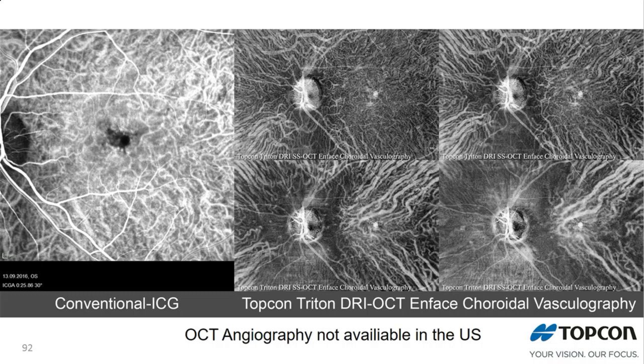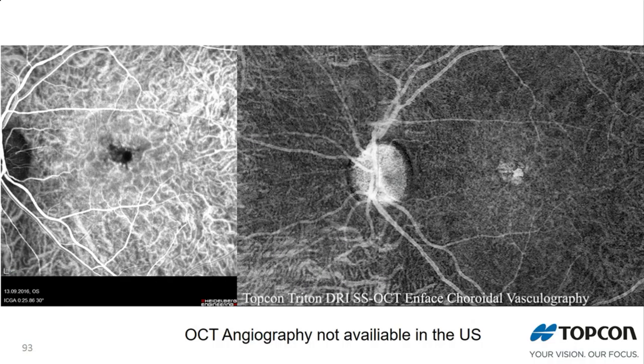Is it the large vessels, or is it the stroma between the vessels? Is it the large vessels in Haller's layer, or is it the small vessels in Sattler's layer? We don't know yet, but here we at least have an indication of a way to visualize it so that we can take a look at this more closely.